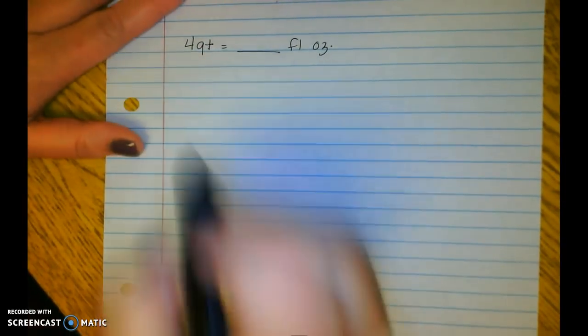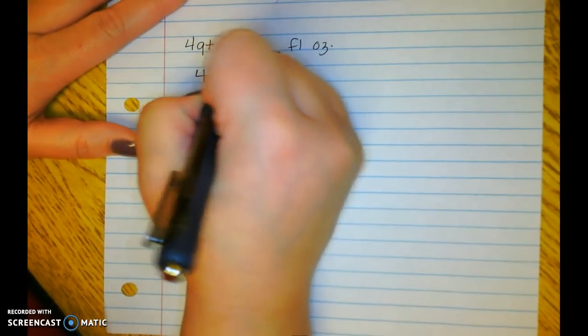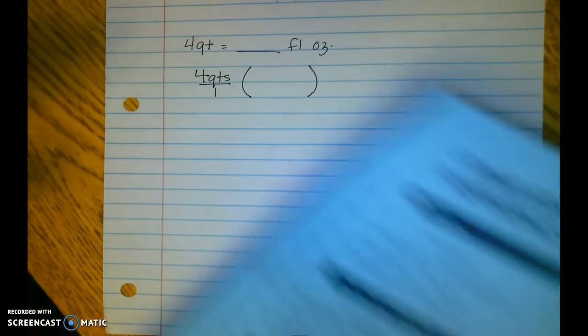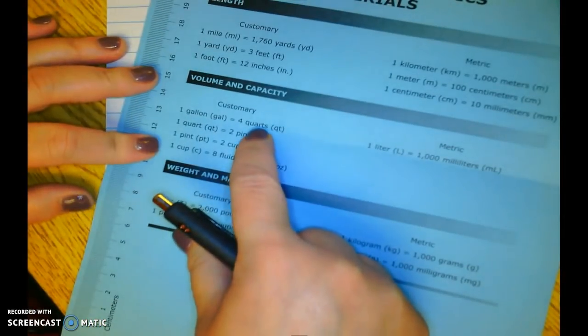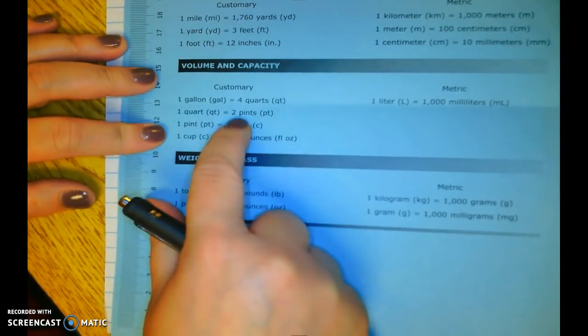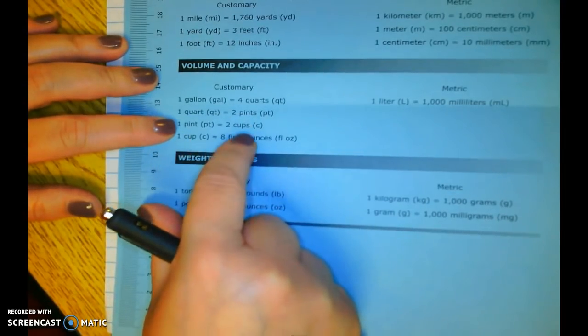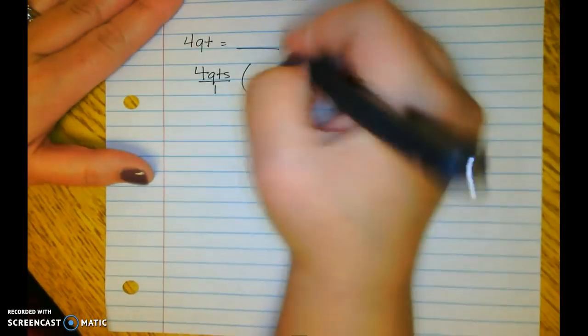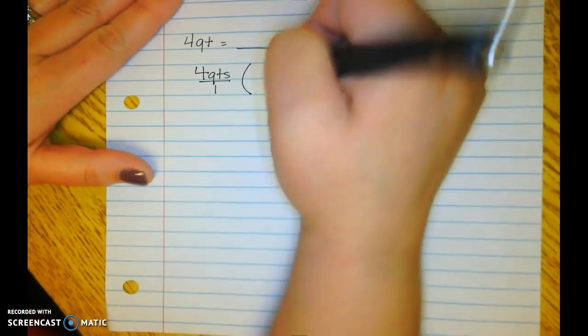Okay, so 4 quarts, and we're going to fluid ounces. Okay, so I'm going to start with what I know. So 4 quarts. And then my first parenthesis, I need to go look because I'm going all the way from quarts to fluid ounces. So I'm going to have to go from quarts to pints, and then from pints to cups, and then from cups to fluid ounces. Okay, so I'm going to start with quarts, and then this would be pints.